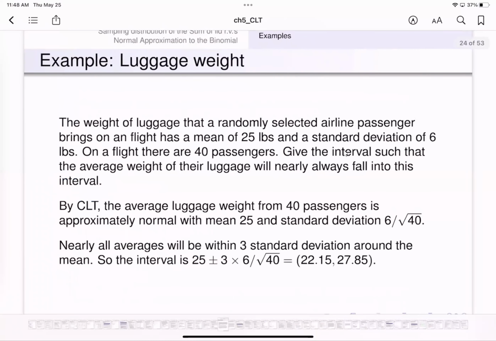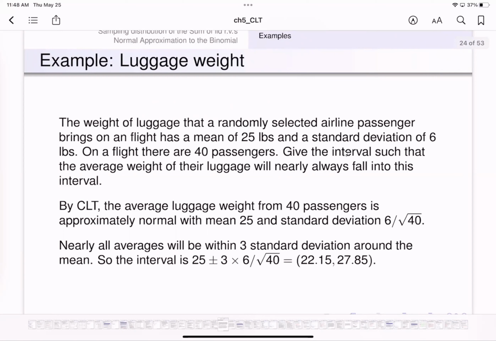Next example, look at the luggage weight. Suppose this luggage weight has a mean of 25 pounds and a standard deviation of 6 pounds. And we consider a flight of 40 passengers. We want to give an interval such that the average weight of their luggage will always fall into this interval.